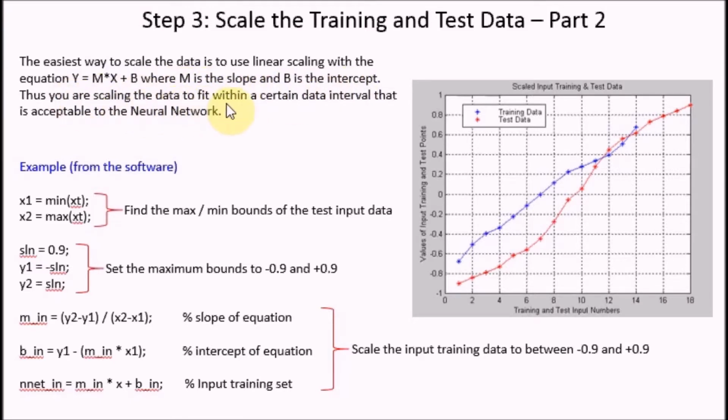Thus you're scaling the data to fit within a certain data interval that is acceptable to the neural network, very specifically the neuron or activation function. For example, let's say the x data is minus 10 to plus 10, but you've decided your maximum and minimum values for the activation function are going to be minus 0.9 to plus 0.9. Well, you've got to get that data scaled down to that interval.